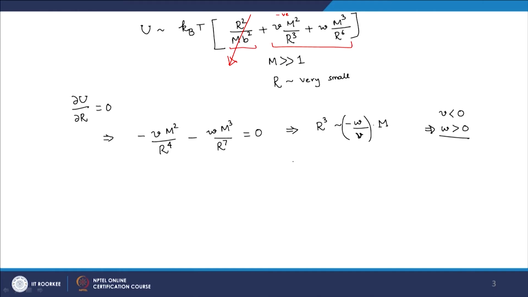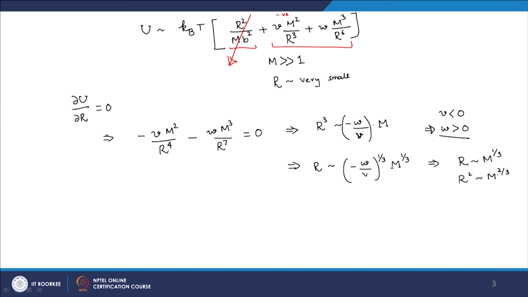Okay. So, if we keep that in mind, then we get r as minus w by v to the power 1/3, m to the power 1/3, and essentially we have recovered the relation that we wanted to.